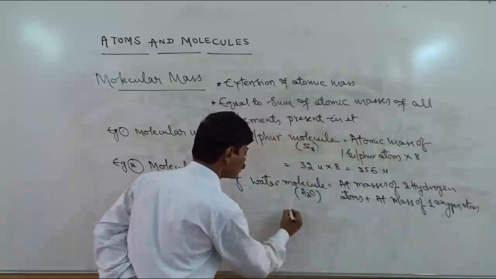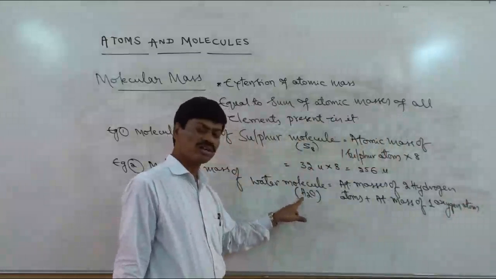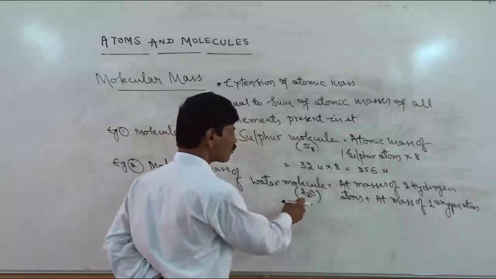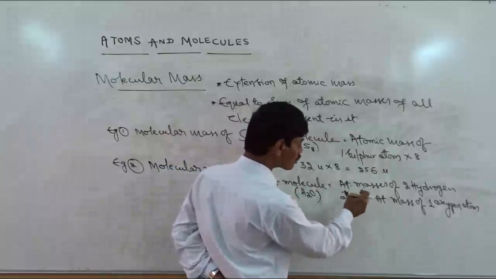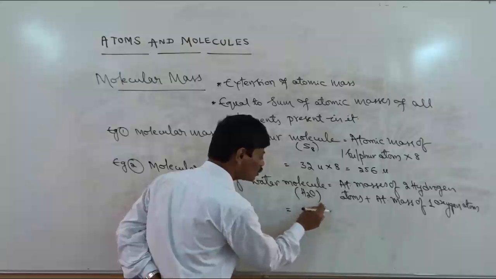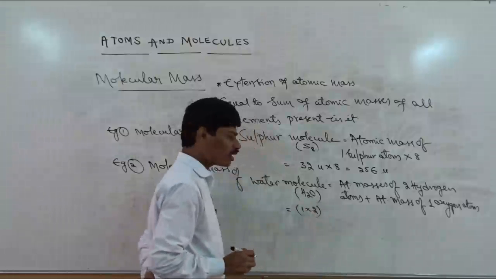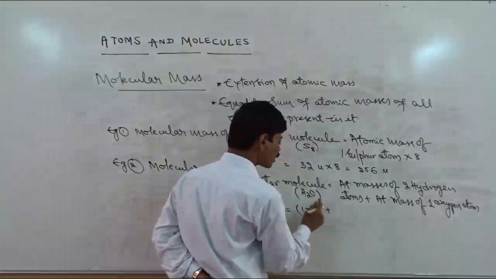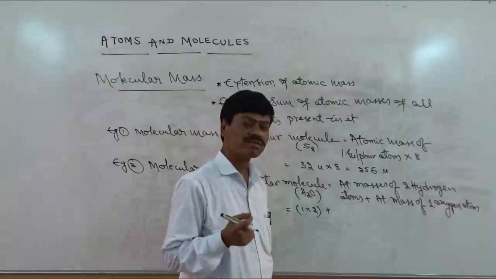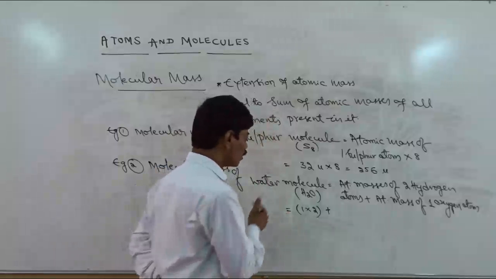This is equal to the atomic number of hydrogen atom, which is 1, because it has only one proton in its nucleus. It doesn't have any neutron. So the atomic mass of one hydrogen atom is 1. So the atomic mass of two hydrogen atoms together is equal to 2. So 1 into 2 is the mass of two hydrogen atoms, plus the atomic number of oxygen, which is 8. That means one oxygen atom has 8 protons in its nucleus and 8 neutrons.